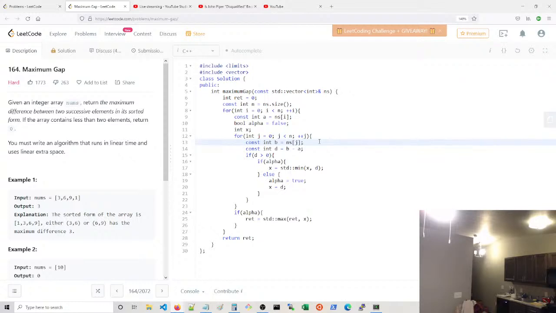There's a sort of transitive quality where if you have A, B, and C, you take C minus A and B minus A, C minus A minus B minus A gives you C minus B, right?